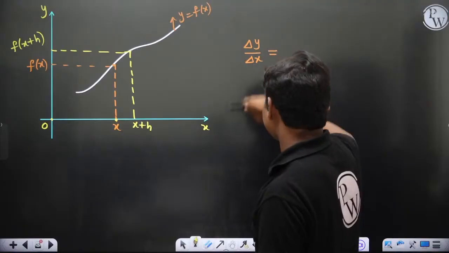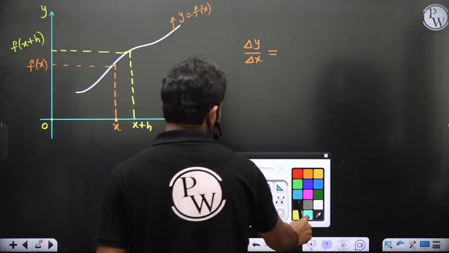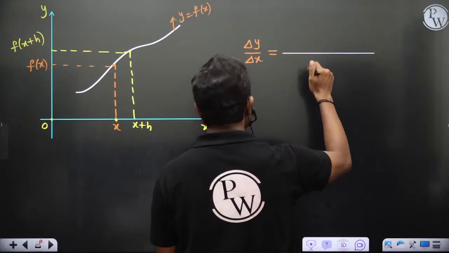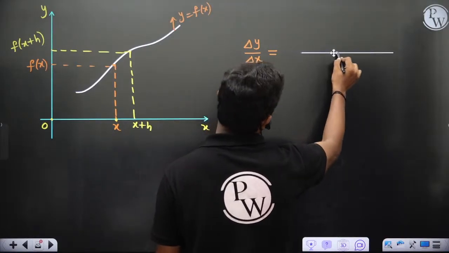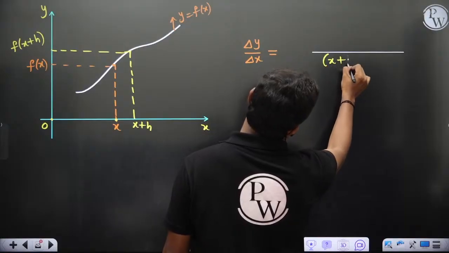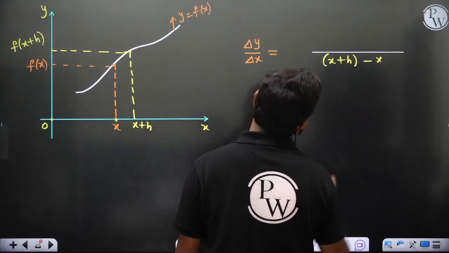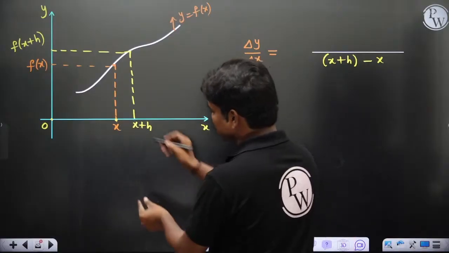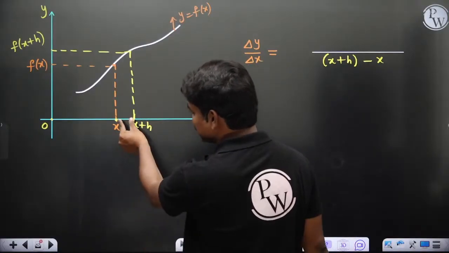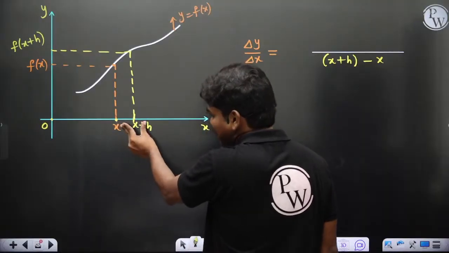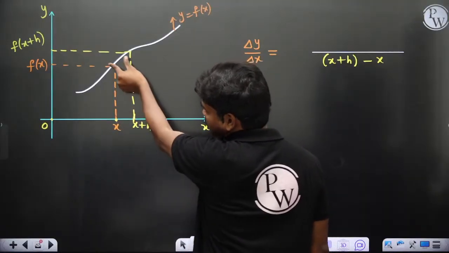Now if you take delta y by delta x, the initial change in x that you have produced is nothing but x plus h minus x. This is the change in x that you have given. If you want to calculate this length, this coordinate minus this coordinate, x plus h minus x gives you h. Now for this change in x, what is the corresponding change in y?